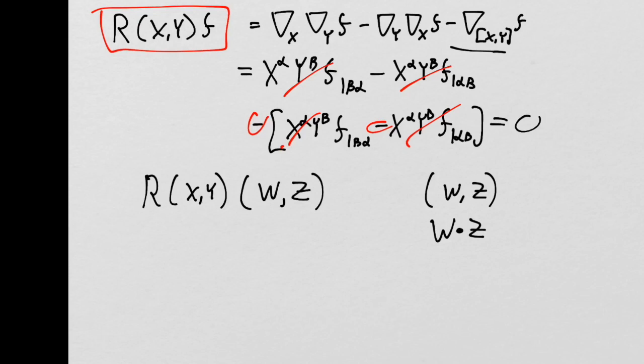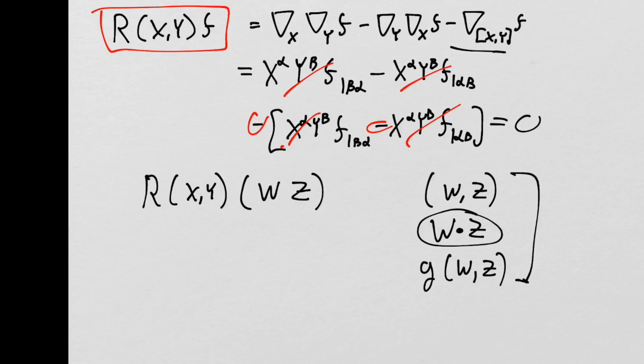That's the inner product of w and z. Another way to think of it is as the metric tensor applied to w and z. All these three things are meant to mean identically the same thing. So I'm going to use this notation for now because that's the notation used in the book that I learned this from a long time ago.